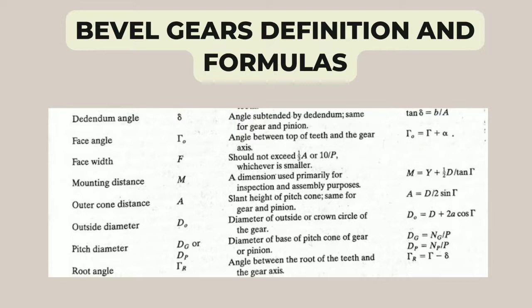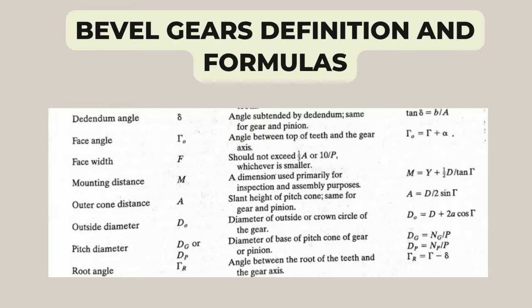Face width should not exceed 1/3 A or 10/P, whichever is smaller. Mounting distance is a dimension used primarily for inspection and assembly purposes. Outer cone distance is the slant height of the pitch cone, the same for gear and pinion.